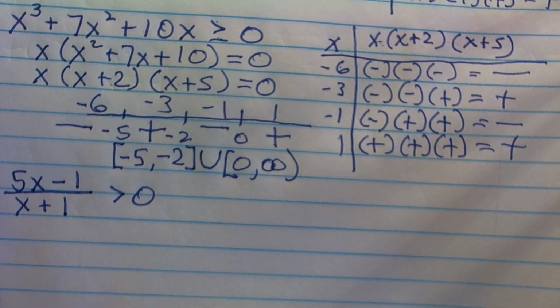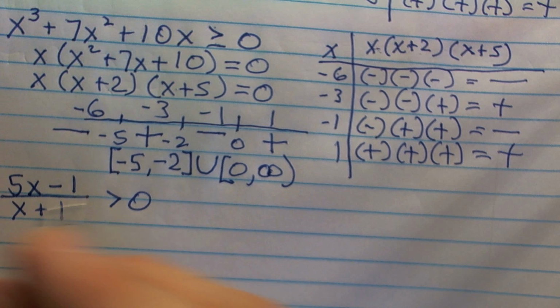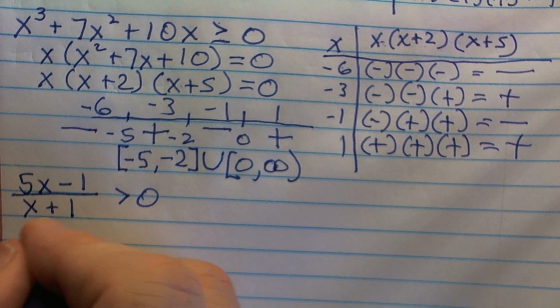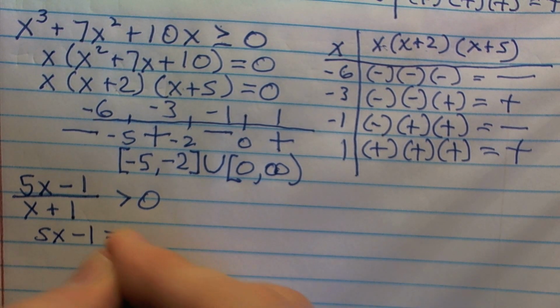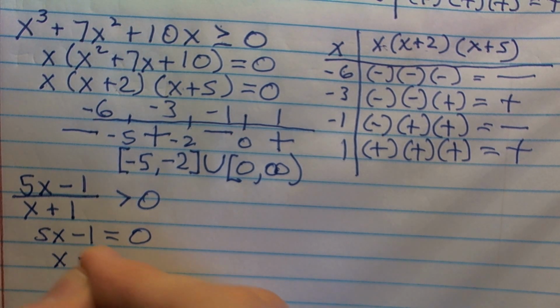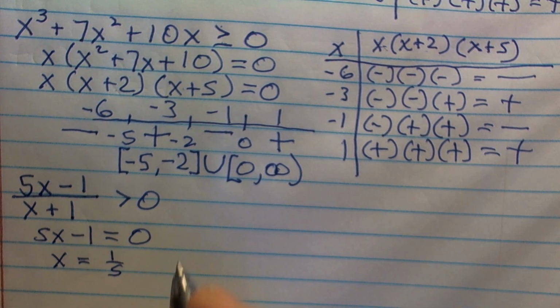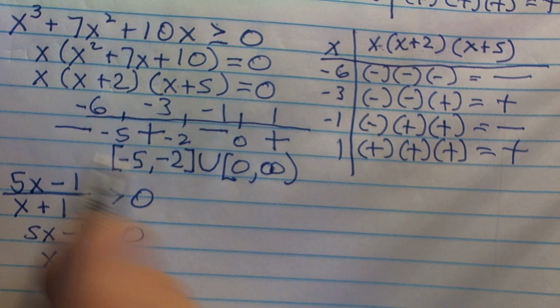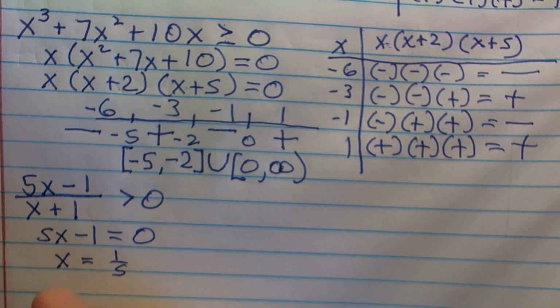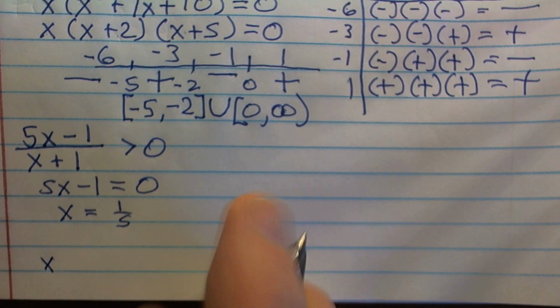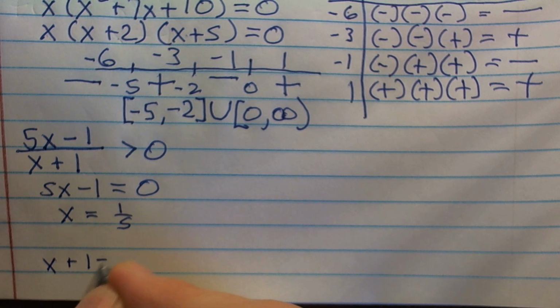Okay, now I want to go down to a rational inequality. We still find the boundary numbers. I want to find out where the numerator is equal to 0, and I get x equals 1/5. But additionally, I want to find this special boundary number where the denominator is equal to 0.